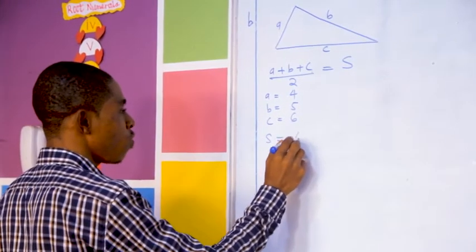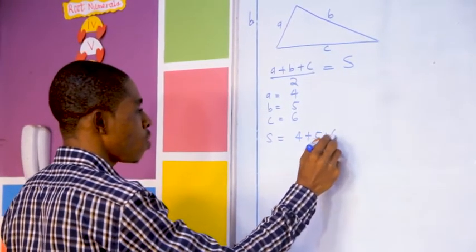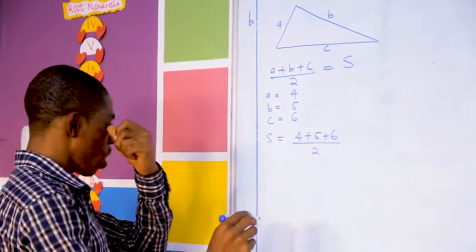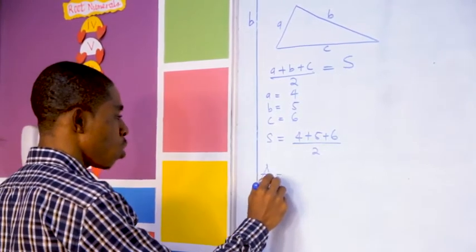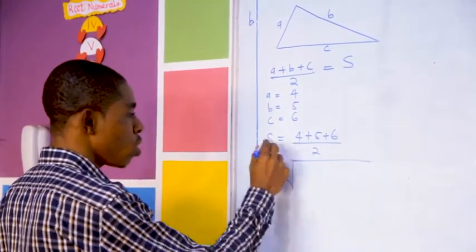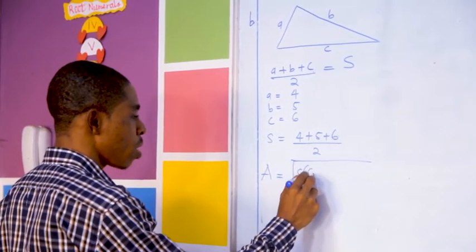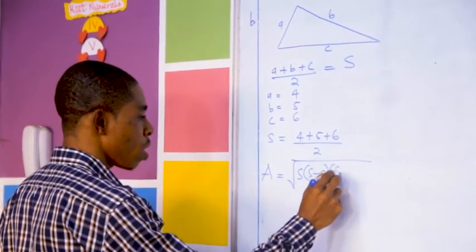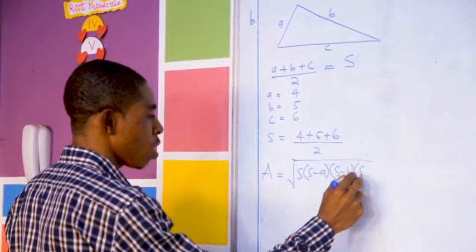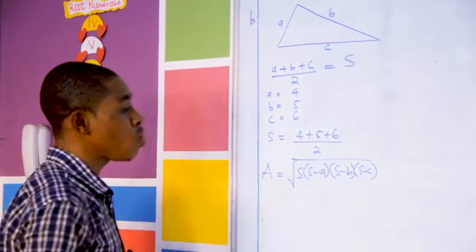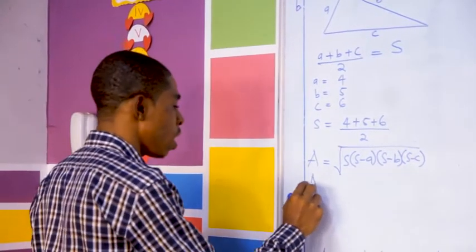S will be 4 plus 5 plus 6 all divided by 2, and then the area is going to be equal to the square root of S, all in bracket S minus A, bracket S minus B, bracket S minus C, and then that gives you the area of a Scalene triangle.